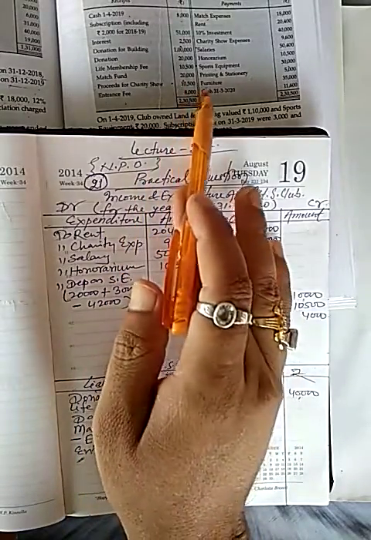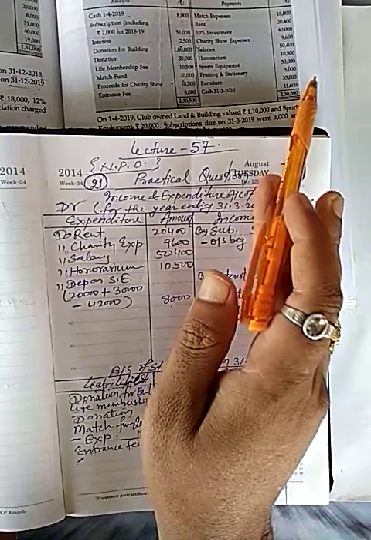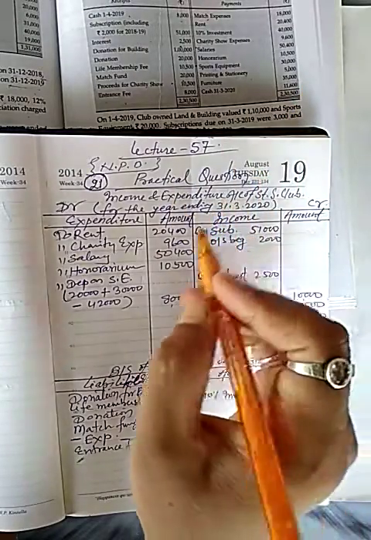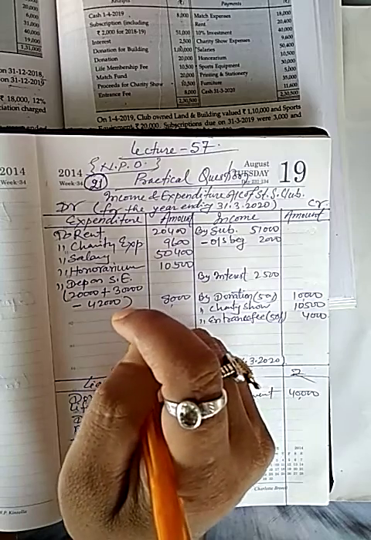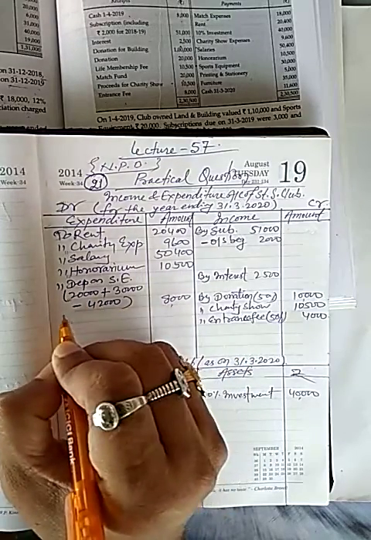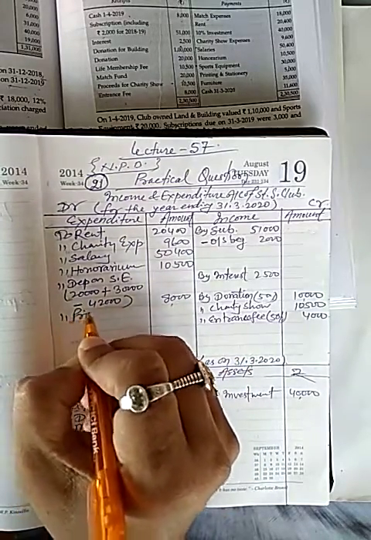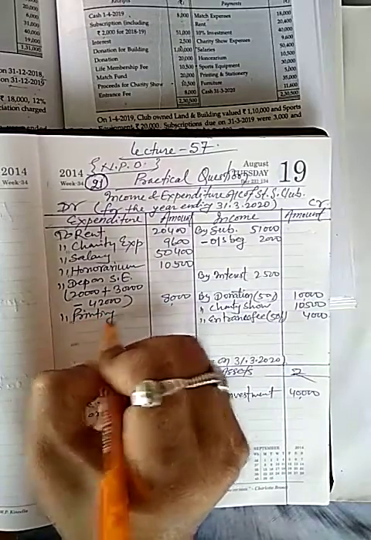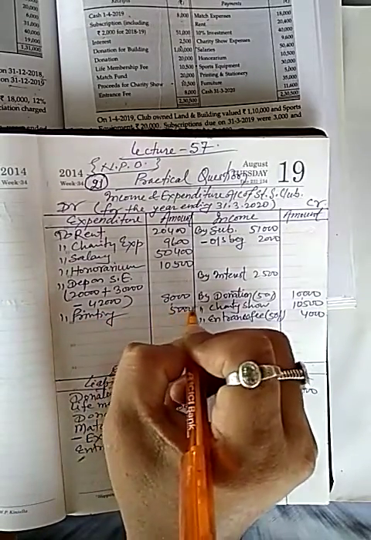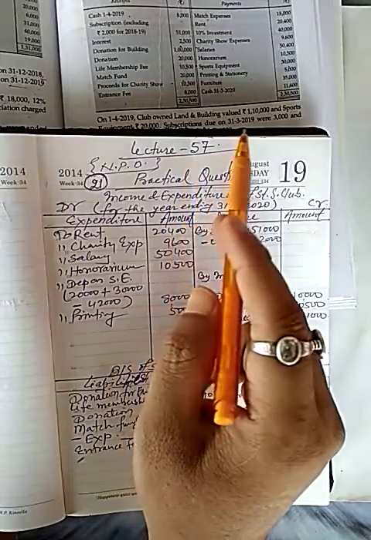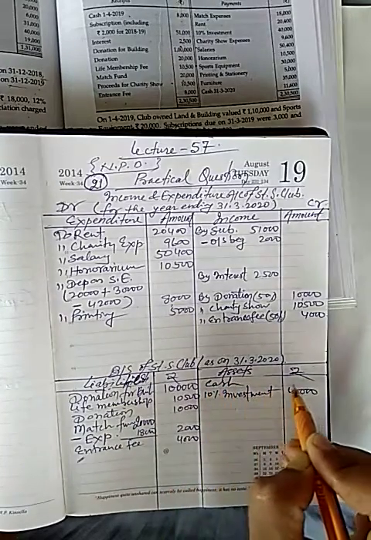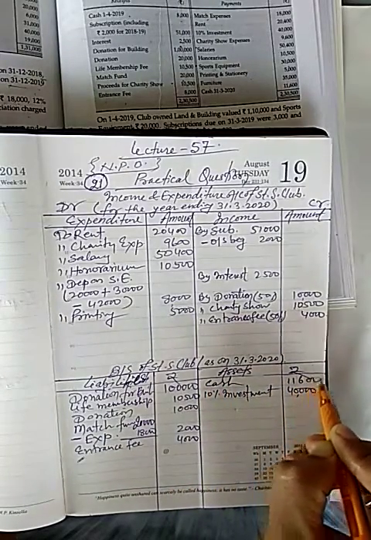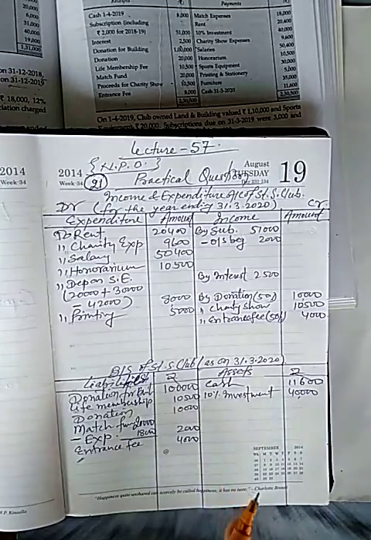Now printing is also given, 5,000 to printing, and closing balance cash is given 11,600. Cash 11,600 given.